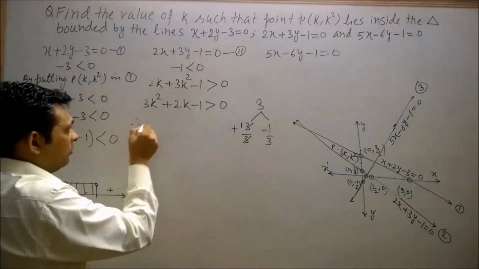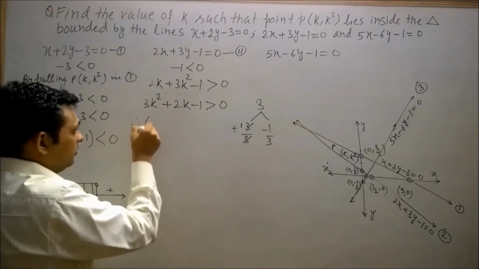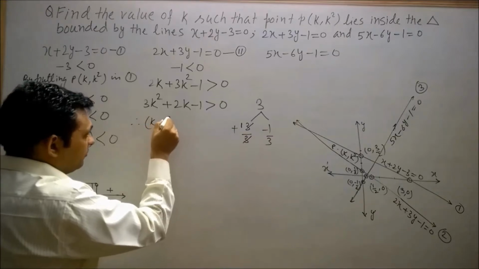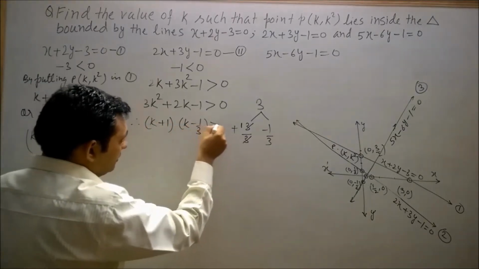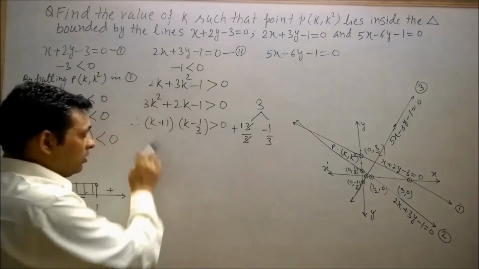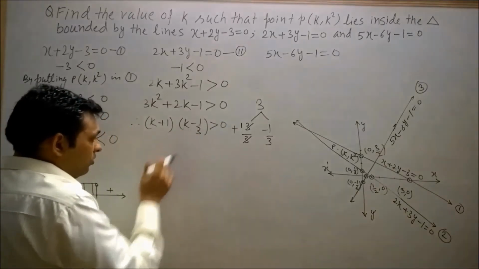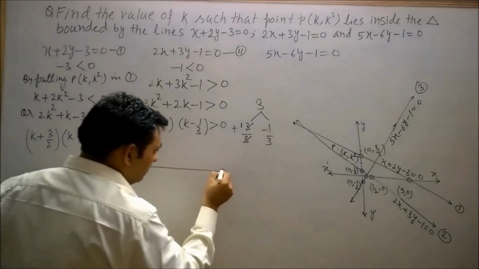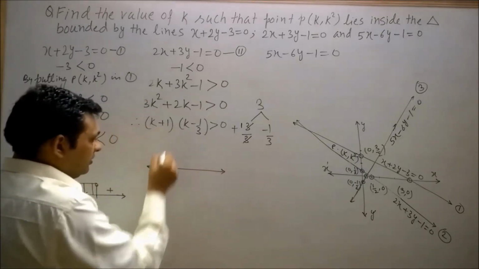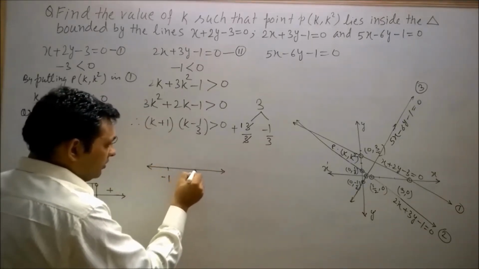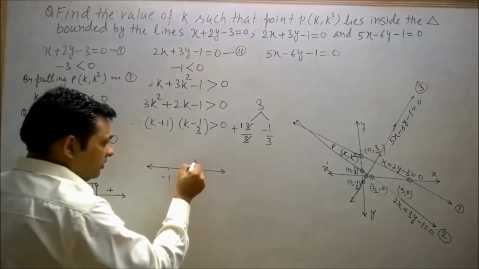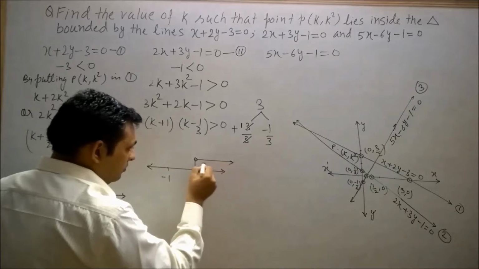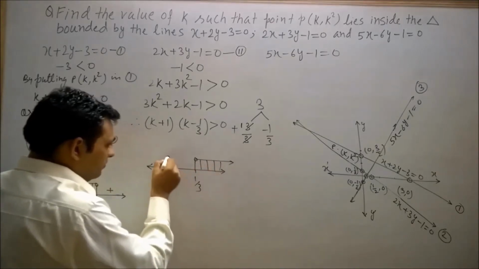So the factors of this quadratic polynomial will be k plus 1 and k minus 1 upon 3 is greater than 0. Now represent the solution set on number line. Let's say this is minus 1 and this is 1 upon 3. By wavy method, the solution set will be this and this.